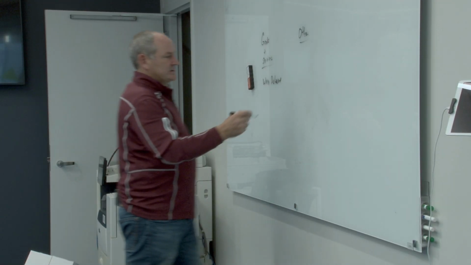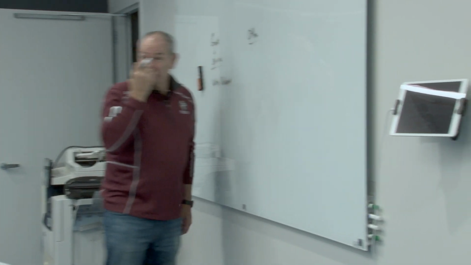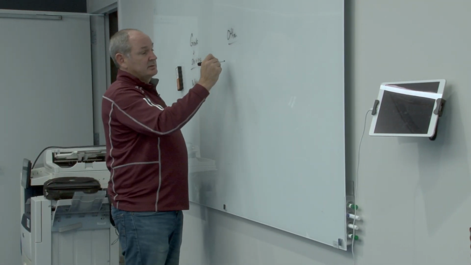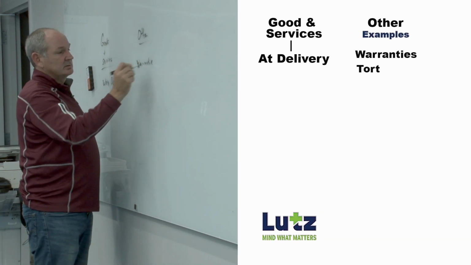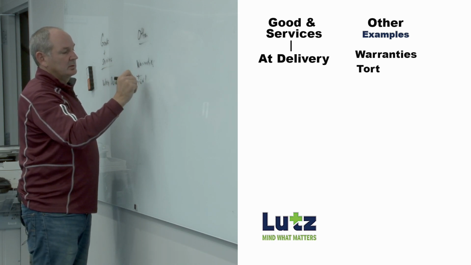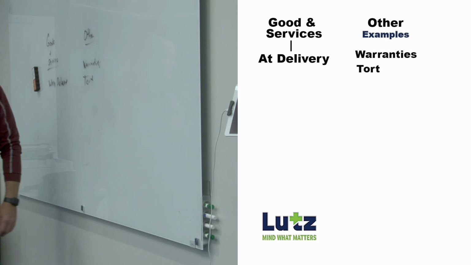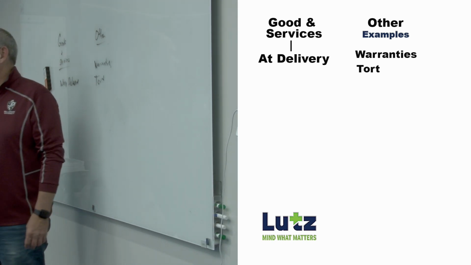Okay? Then there's this other piece. And this other piece, I wish I had a better name for it, there's a series of them, and I'm going to give you some examples. Warranties, which I think is in here somewhere. Tort, which is a lawsuit. Games and prizes, and there's some other things, okay?